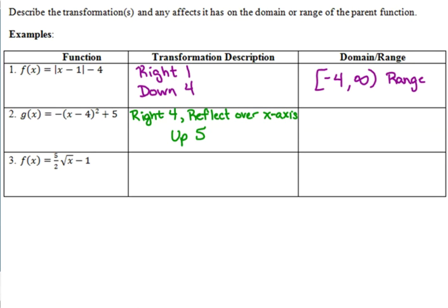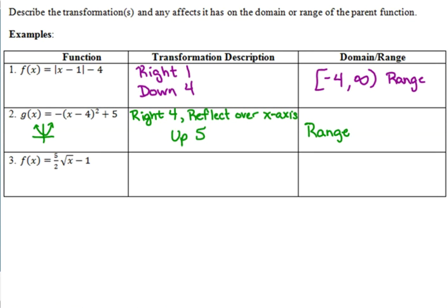So we haven't changed the domain. The domain of a quadratic will always be all real numbers. We have affected the range, because let's think about it. Our parent function, let me just sketch the parent function right over here. We've taken this parabola that usually has a vertex at the origin. We moved it right. Well, that doesn't affect the range.